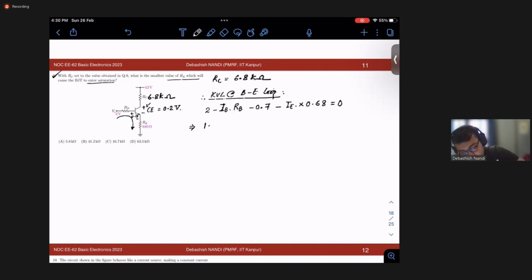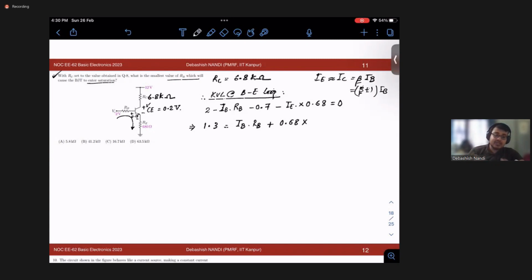So 1.3 is equal to IB into RB plus this 0.68 into, what about this IE? IE is nothing but equal to IC plus IB, which is beta plus 1 IB, right?